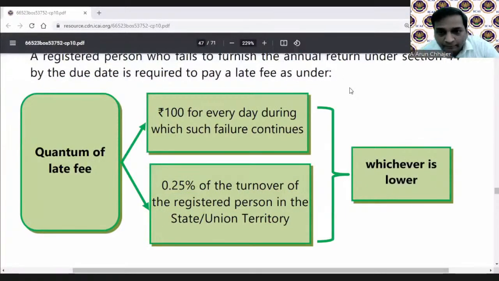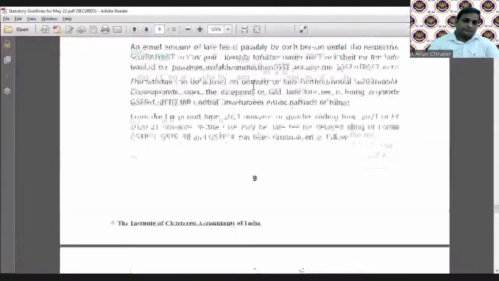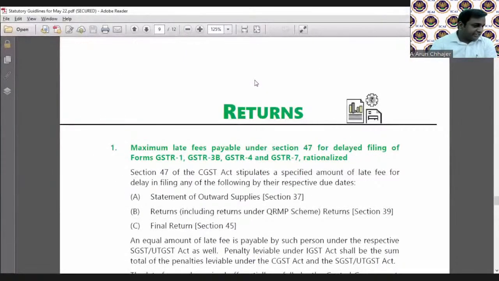Let me open that amendment file, the amendment with respect to return.